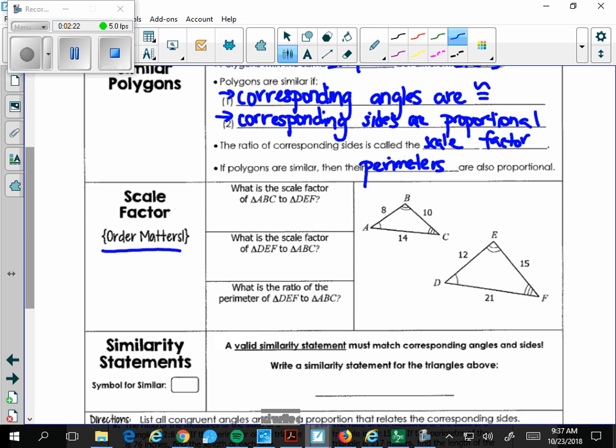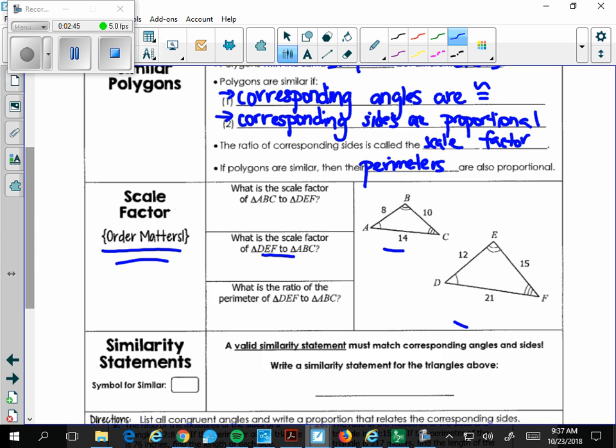Now remember, here it says order matters, because the scale factor from ABC to DEF is going to be different than the scale factor from DEF to ABC. If I'm saying something to something else, I start with the first thing.